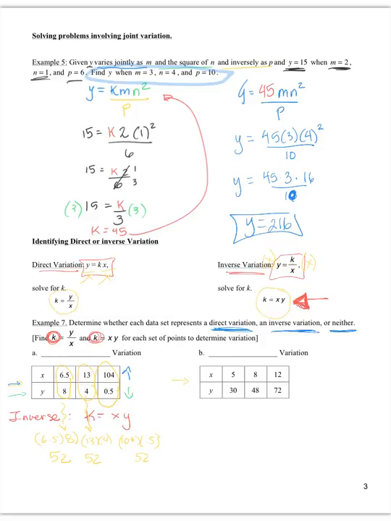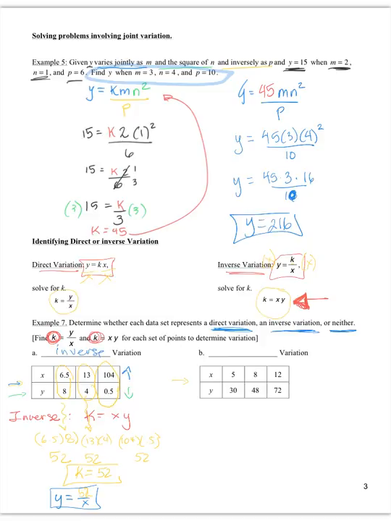But if we do the multiplication, we see that we have a constant of variation for this problem as 52. So if I were to write the inverse variation equation that corresponds to this, it would be y equals 52 over x. So I have found my inverse variation function. So this one, in fact, is inverse.